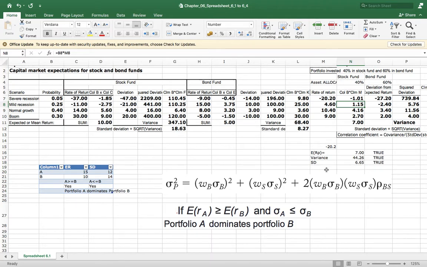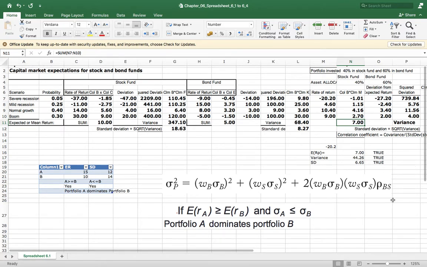Similarly, 4.60, column M, multiplied by 0.25, B8, will give you the expected return of your portfolio under mild recession. Expected return of your portfolio under normal growth will be 10.4 multiplied by 0.4, 4.16. This way you calculate. And when you make the sum total across the different economic scenarios, your portfolio expected return will be 7%.